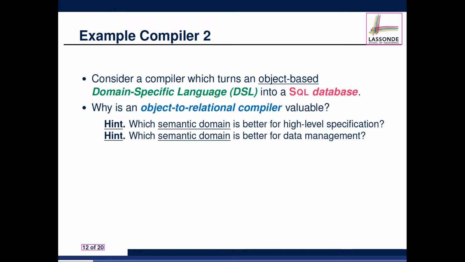And these are the two things you want to think about that might be applicable to your project as well. You want to think about the input being as high level as possible for the user to write some programs in it. The backend will generate something that nobody will care how it looks like. So that's why we want to choose something that will be better for data management.